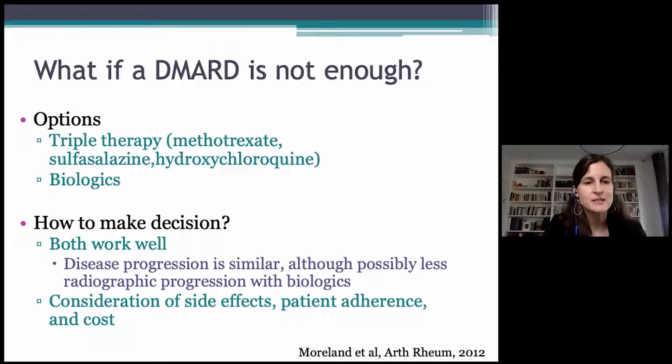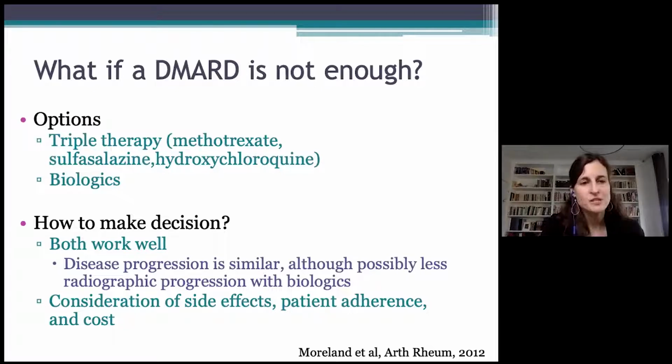Now, how to make that decision is a tough one and something that rheumatologists often struggle with. Both of these therapies, either using triple therapy or adding or transitioning to a biologic, work well. Disease progression is similar, although possibly less radiographic progression with biologics. So that is something to keep in mind.